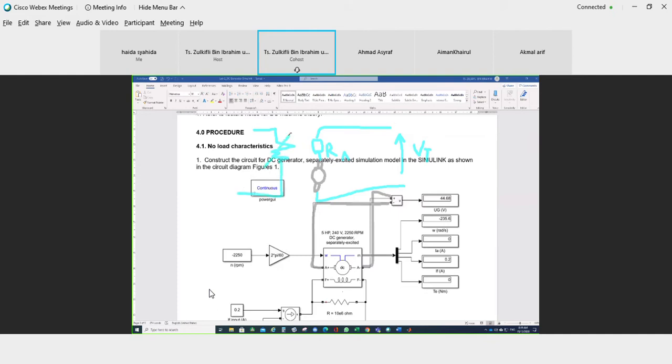So this VF, and you have the armature circuit. This is your field circuit, and VT.